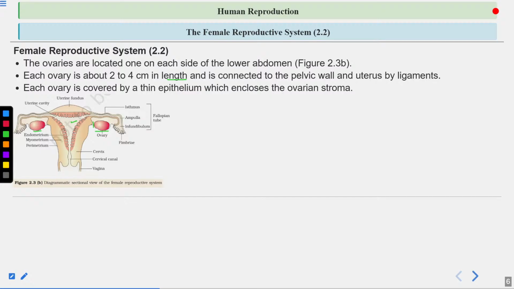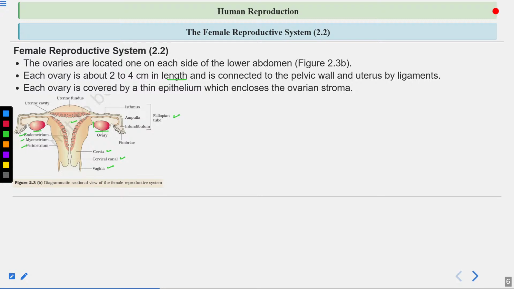Then you can see here the different parts of the female reproductive system. There are 2 ovaries. You can see here the vagina, cervical canal, cervix, then the fallopian tube, also known as the oviduct. Now the uterus has 3 walls: perimetrium, myometrium, and endometrium. We'll talk about these also.